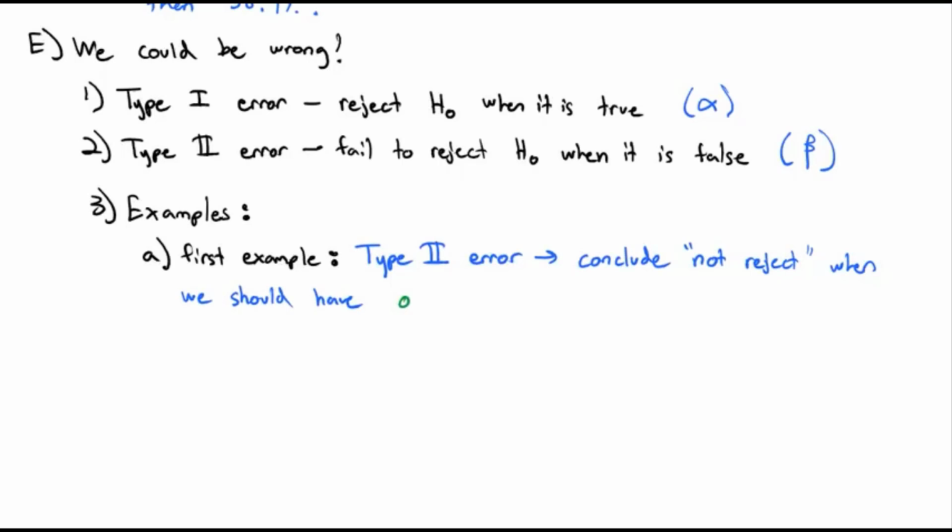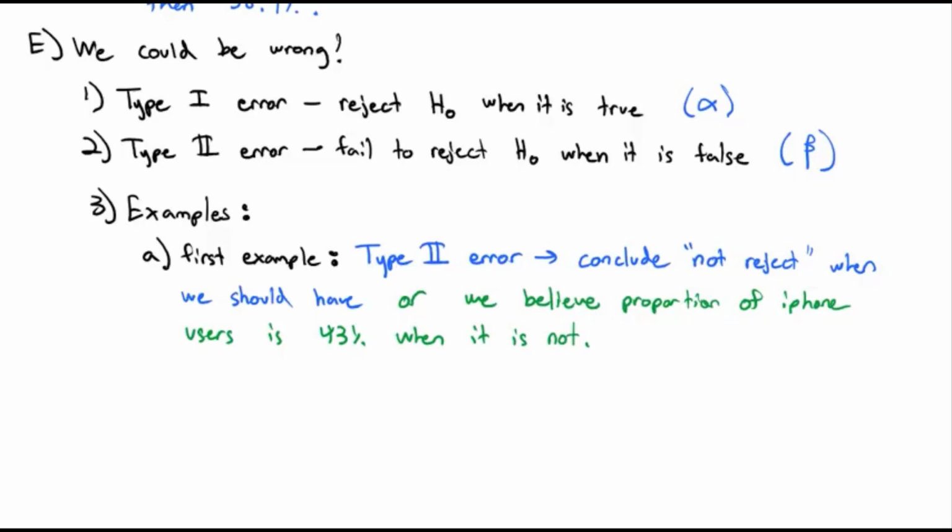Or to put it in context, and this is probably a better way to say it, we believe the proportion of iPhone users is 43% because we failed to reject it, but we should have, when it is not. It is not actually 43%. We should have rejected. That's a type 2 error.